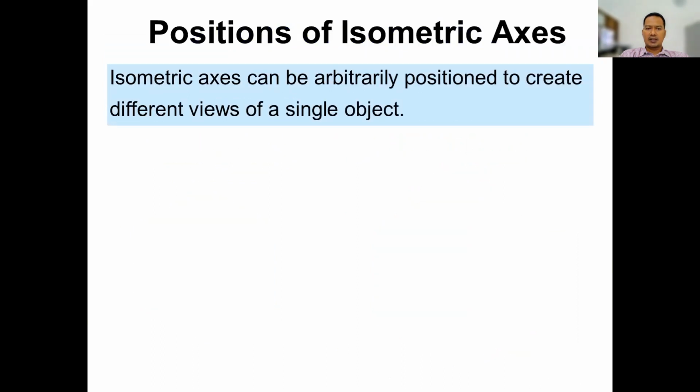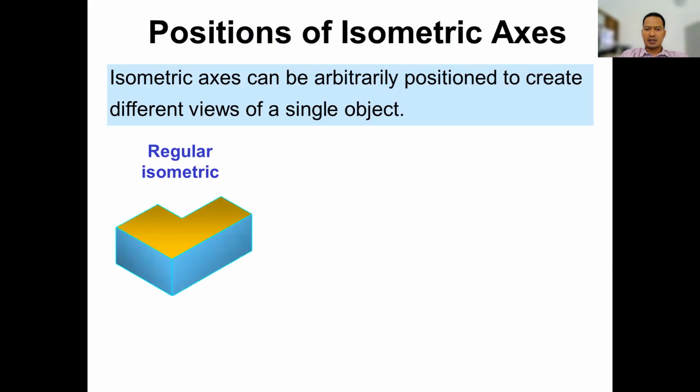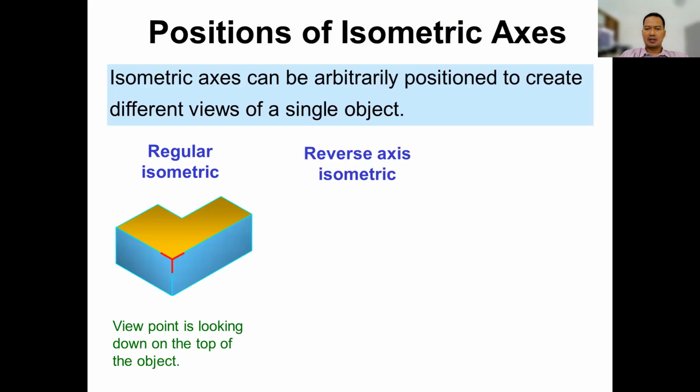Position of the isometric axis. The isometric axis can be arbitrarily positioned to create different views of a single object. For example, this is regular isometric. The viewpoint is looking down on the top of the object. We see the axis on the corner.